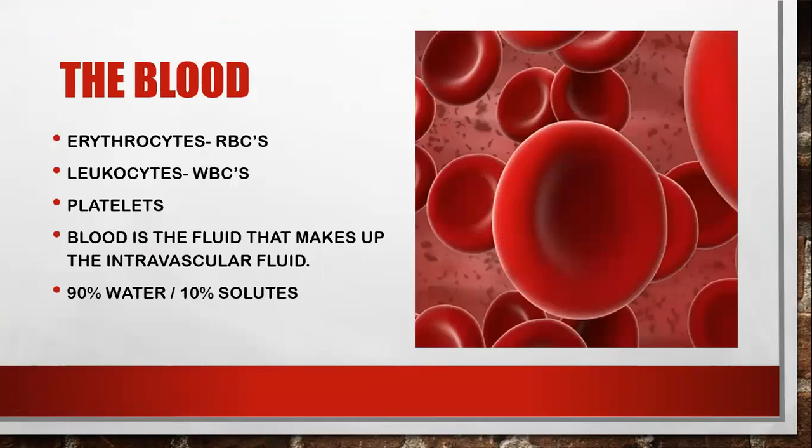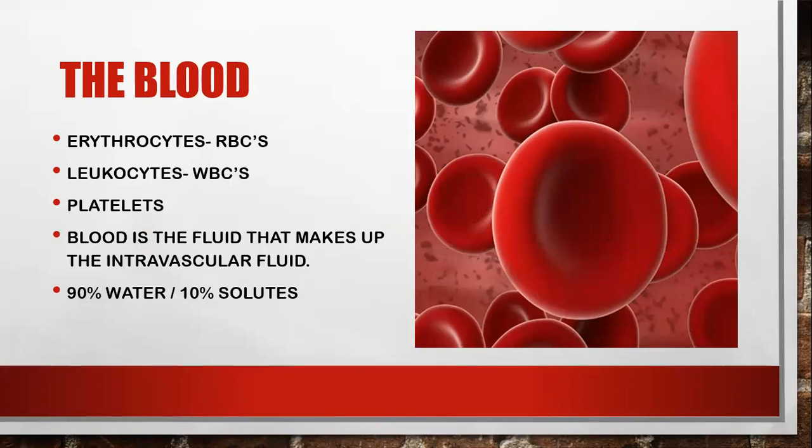It consists of the erythrocytes, which are red blood cells, the leukocytes, white blood cells, and platelets, right? And where is that at? The blood is the fluid that makes up the intravascular fluid. 3 types of fluid in the body. That's one of the oral exam questions that a lot of students forget. Fluid is found in 3 types of areas.